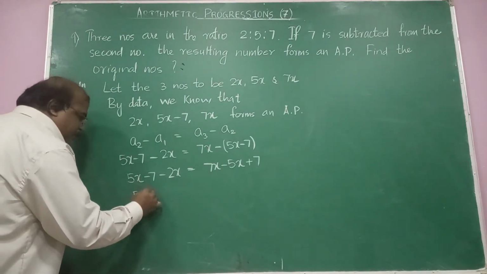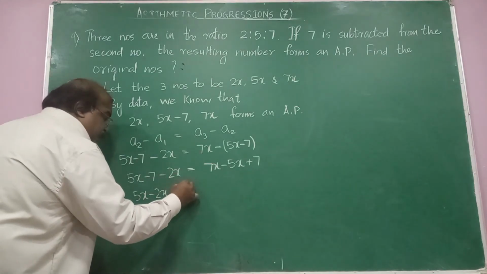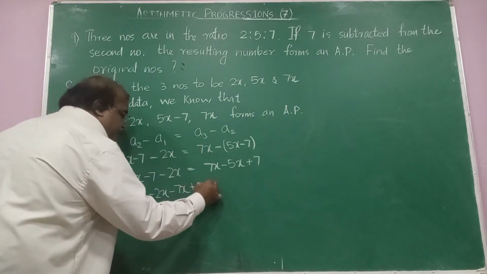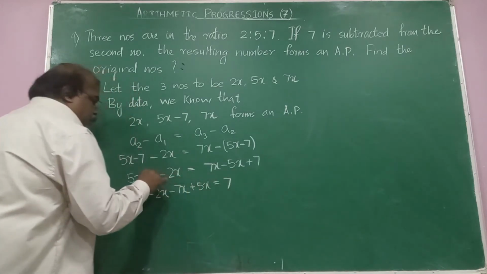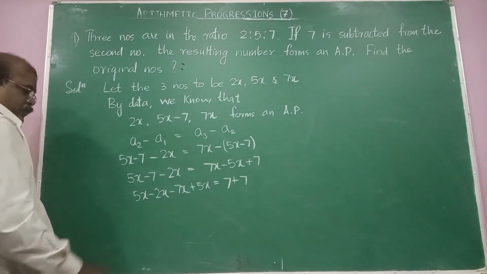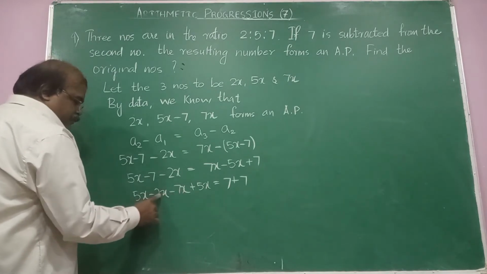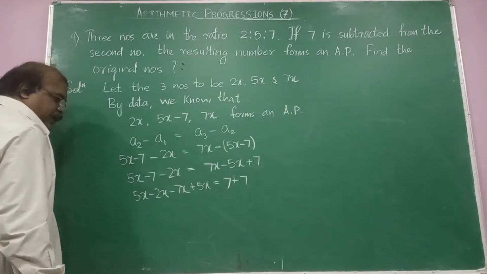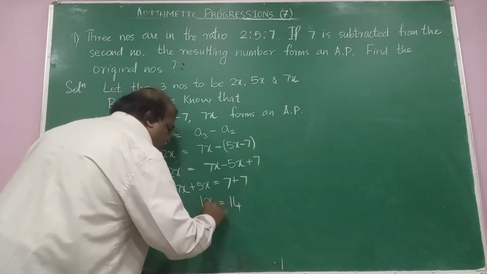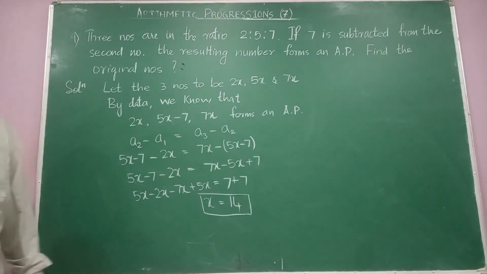So you get 5x minus 2x plus 5x minus 7x plus 5x... 5x plus 5x is 10x, 10x minus 7 minus 2, that is minus 9. 10x minus 9x, x is equal to 14. So I have come to the conclusion that the value of x is 14.